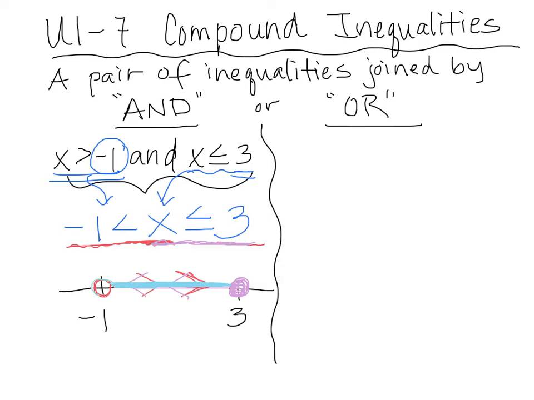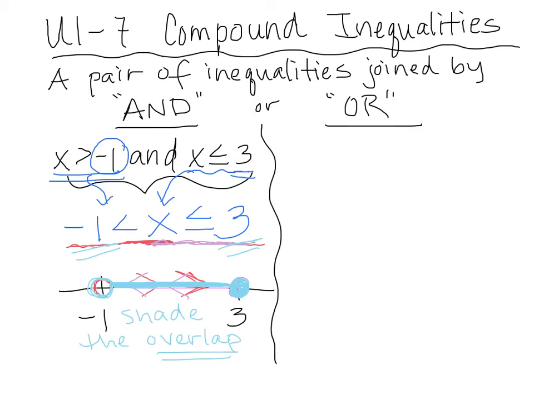We still have the open circle at -1, and we still have a closed circle at 3. This is a very typical graph for compound inequalities with and. So what we're doing is we shade the overlap. It's just this small shaded region in between those two boundary numbers, -1 and 3.